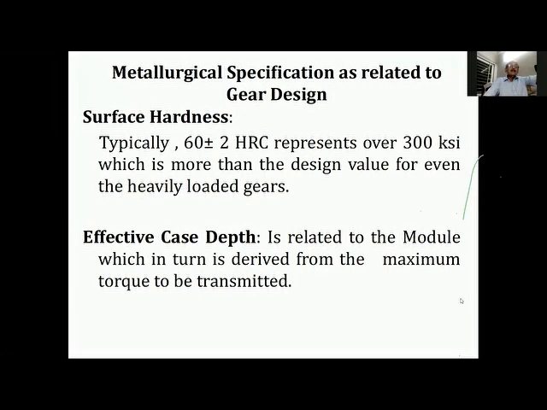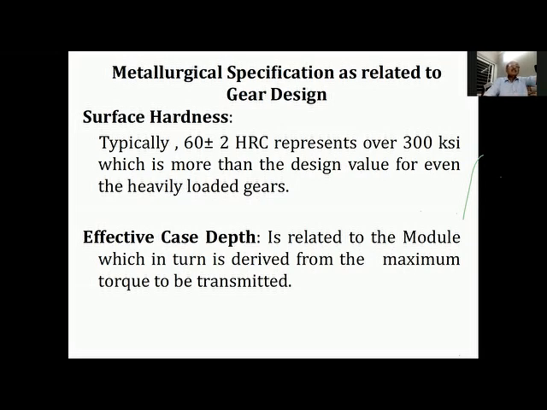Typically, the metallurgical specifications are given below, and one by one we'll see how they are related to the gear design. Surface hardness is the first and foremost. Most of the gears, we say they are surface hardened, by one method or the other.